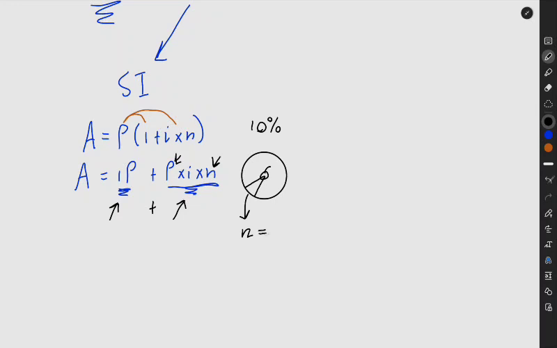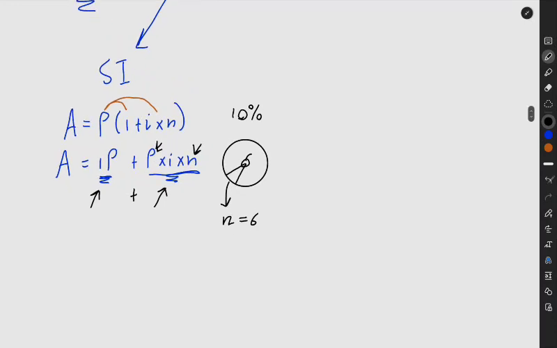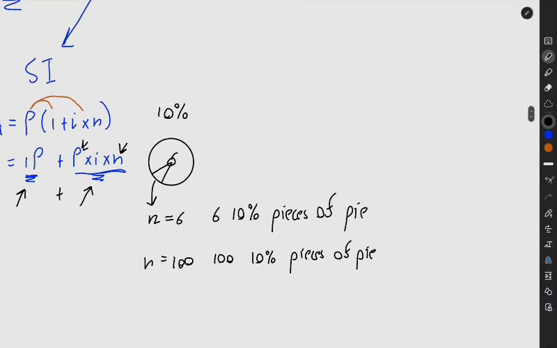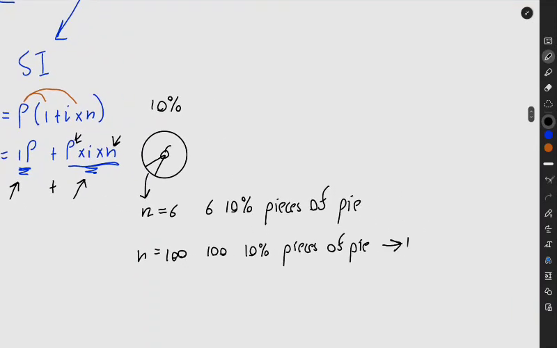So if n is equal to, say, 6, then you'd get 6 10% pieces of pie. It's that simple. If n was, say, 100, well, lucky you. You got 100 10% pieces of pie. And if you do the maths, 100 10% pieces is roughly 10 pies worth.